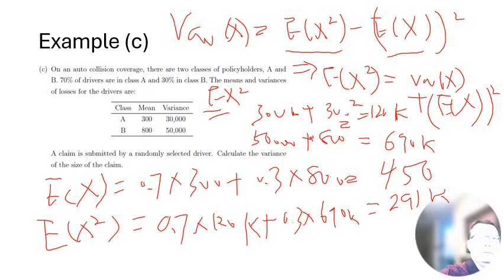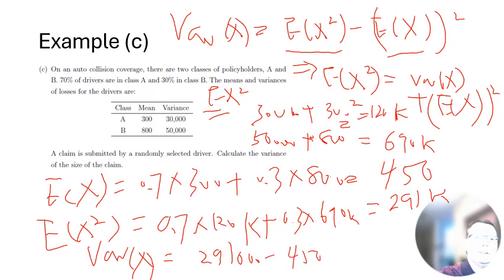Now we can calculate VarX, which is Ex squared, 291k, minus 450 squared, which is 88500.